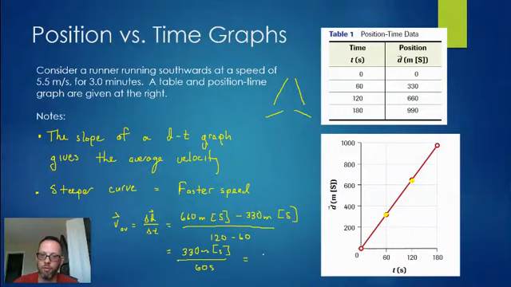And if you do that division, you do get 5.5 meters per second south, just as the question says. And you'll notice, if I had used the first 2 points, I would get 330 over 60. If I would have used the first and last, I'd get 990 over 80, which reduces to the same thing. So again, when your speed is constant, you can choose any 2 points you want and get that speed for that section anyway.